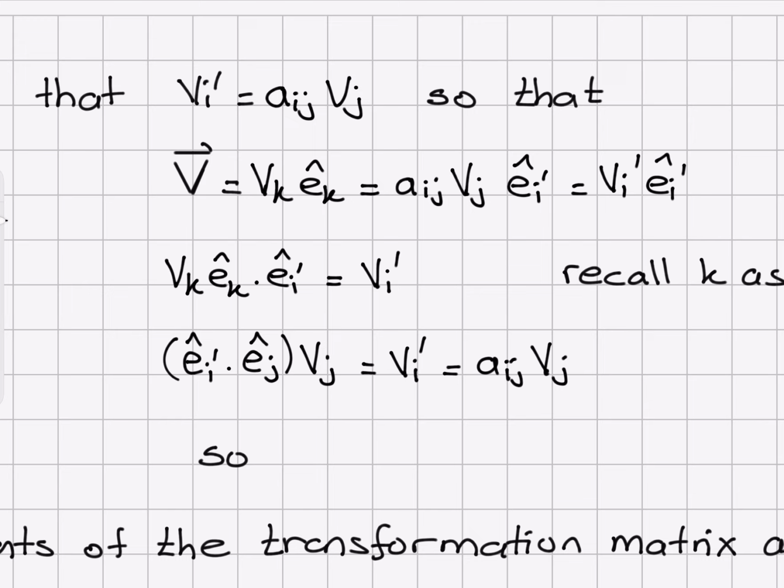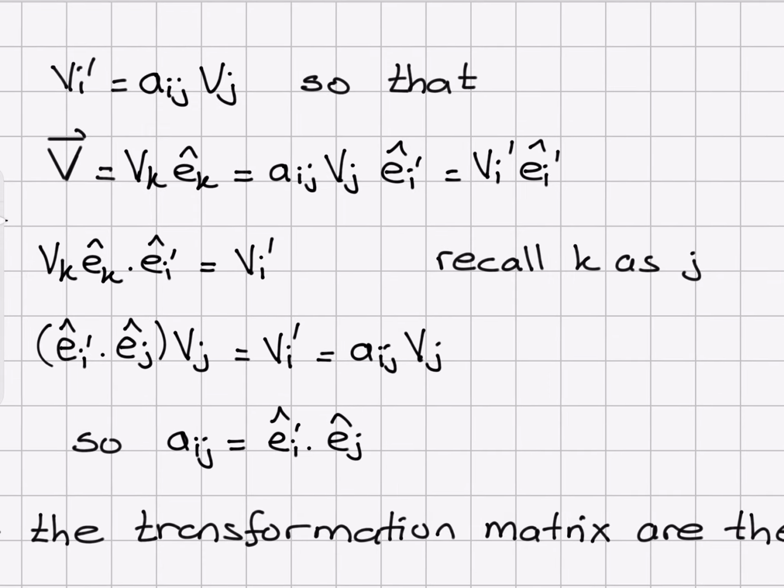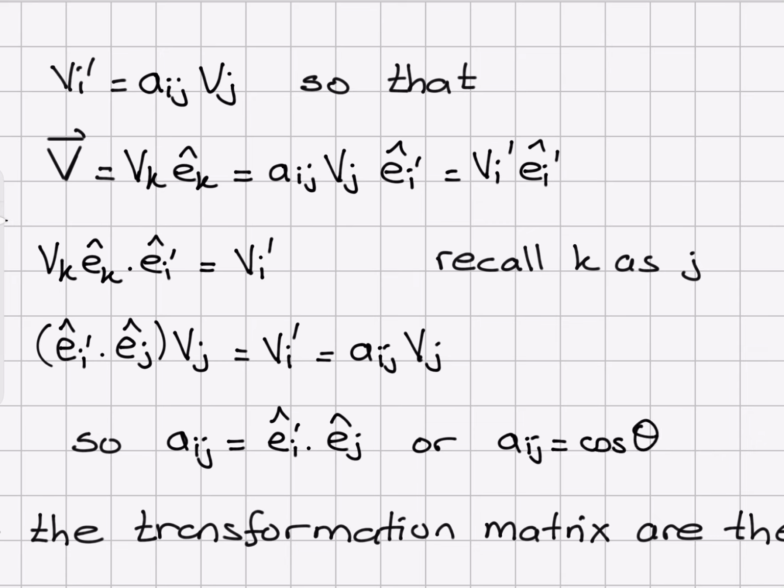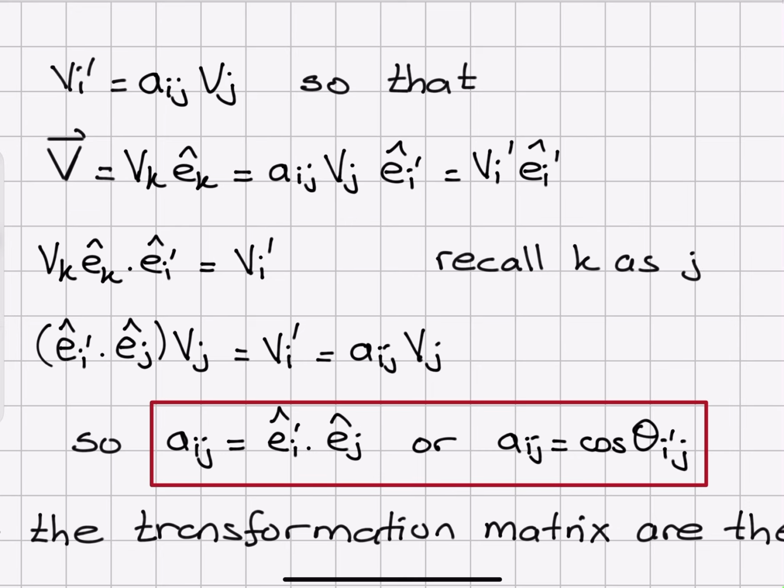So we can recognize our coordinate transformation matrix elements A_ij to be equal to e_i prime hat dot product with e_j hat, or I can say that the A_ij matrix element is the cosine of the angle between the i prime and j basis vectors. So this is our transformation matrix.